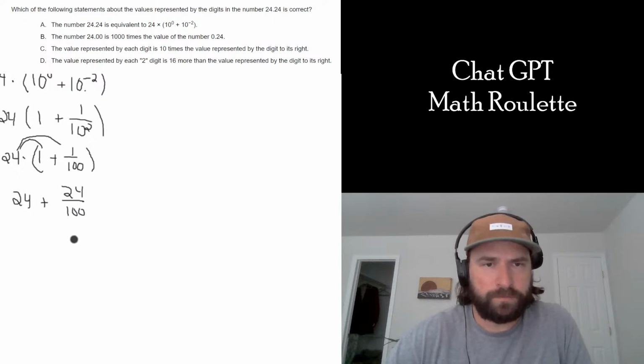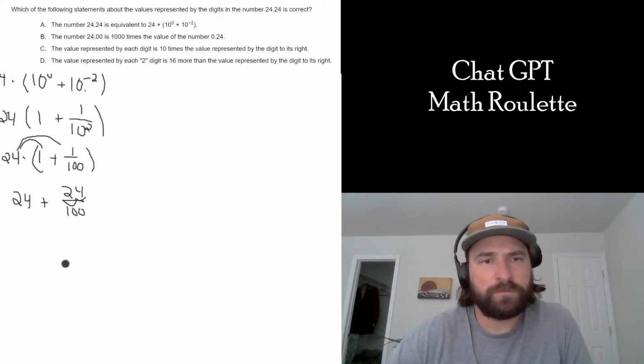You divide anything by 100, you move the decimal place 2 places. So we get 24 plus 0.24, which is 24.24.